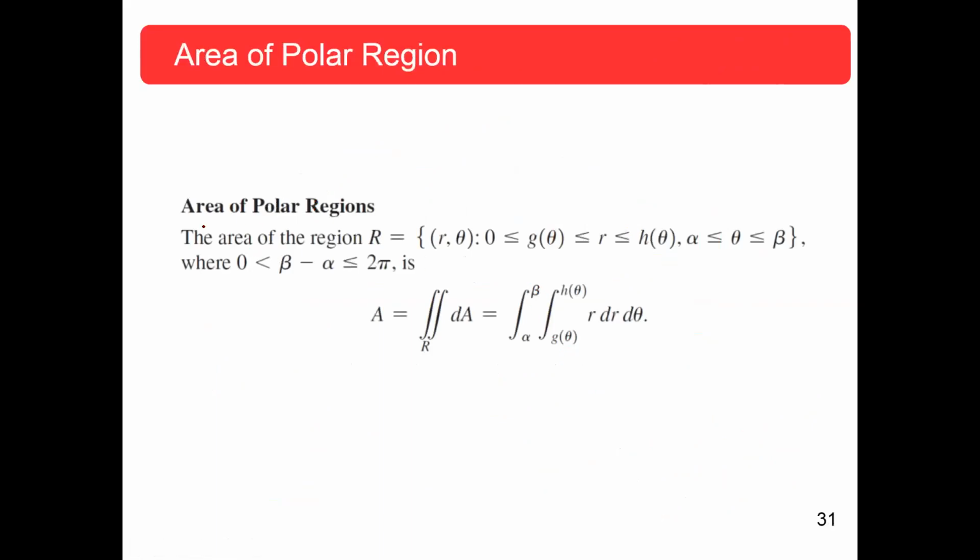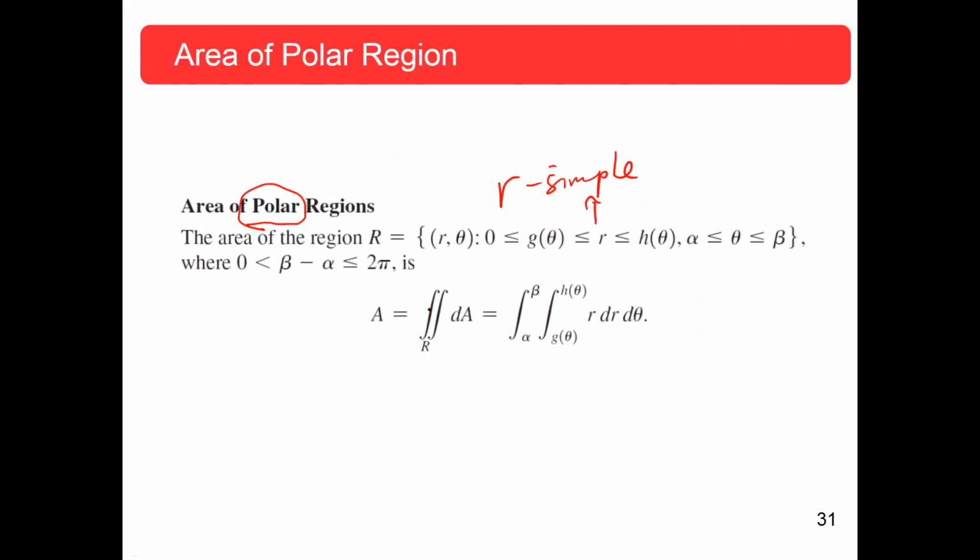So here it comes, the area of polar regions. Suppose the region R is an r simple region, but the same method can be applied to theta simple, where theta is bounded between two constants.